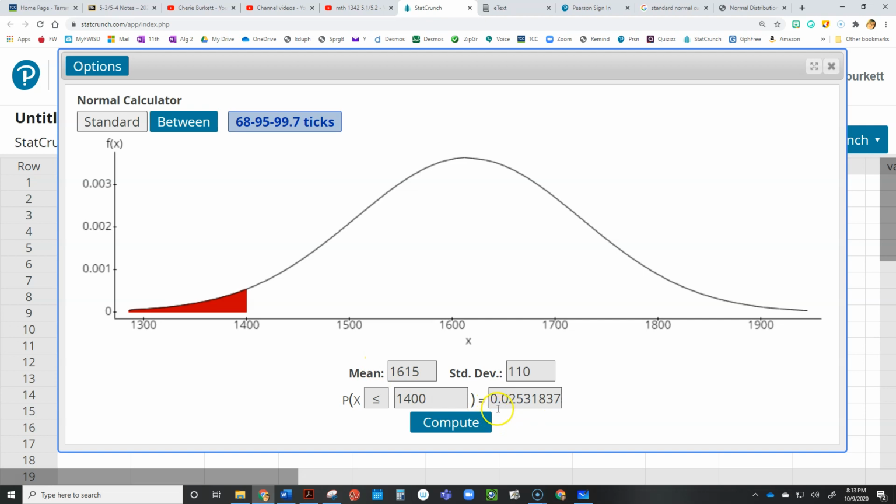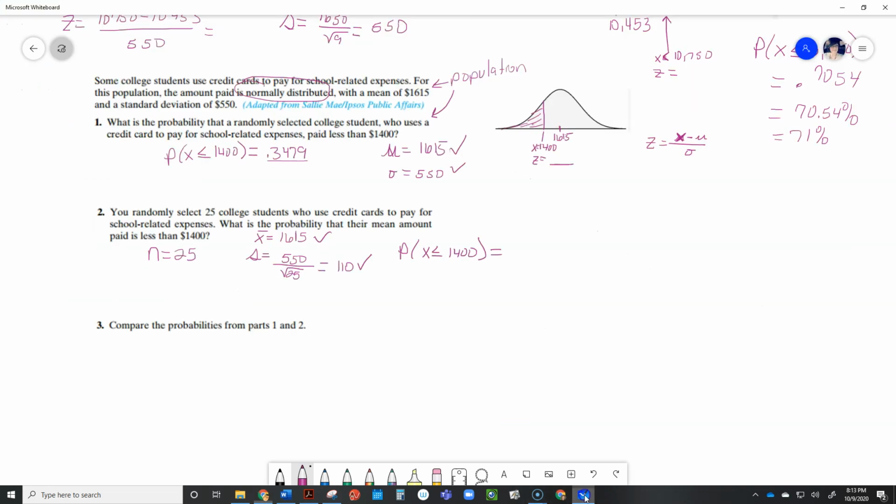So this is 0.0253, and that can be rewritten as 2.53%. This one can be written as 34.79%, which would probably round up to 35%.